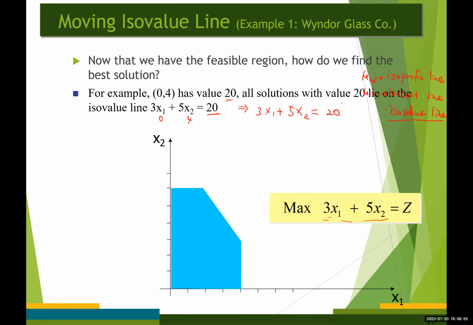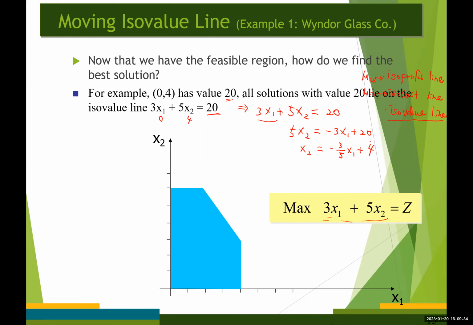Rewriting this as x2: 5x2 equals, moving this to the right hand side, negative 3x1 plus 20, right? And then dividing both sides by 5, it's going to be x2 equals negative 3/5 x1 plus 4.